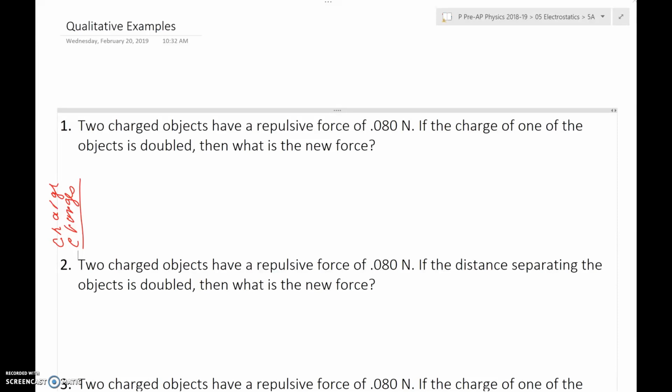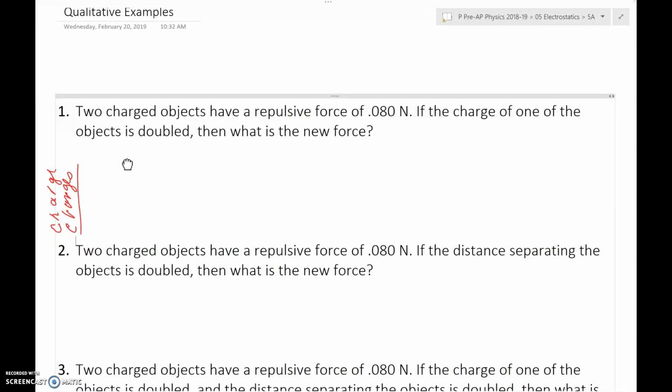Now the first section is what happens when charge changes. So in this story, it says two charged objects have a repulsive force of 0.080 newtons. If the charge of one of the objects is doubled, what is the new force? Here's how we start. We're going to start by writing down the old one. This is the value that they just gave us.